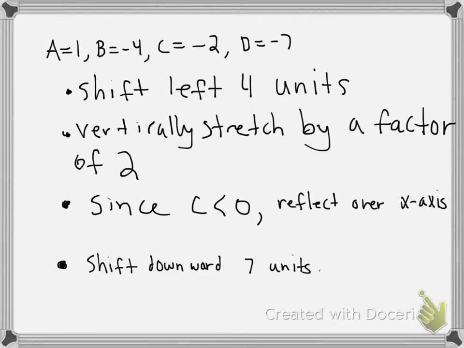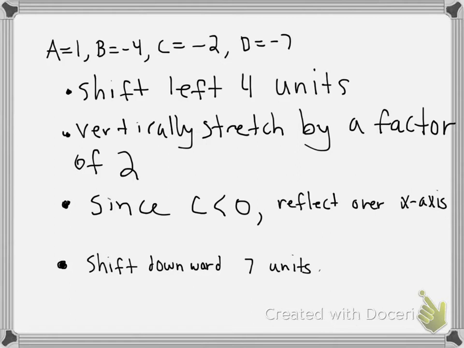So you would want to multiply all the y coordinates by 2. And then we recalled that C was negative, less than 0, so we followed the stretching by a reflection over the x-axis, and finally D equals negative 7 tells us to shift downward 7 units, which would be to subtract 7 from all y coordinates on the graph.